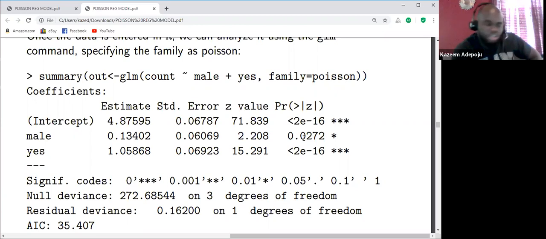Sorry, at 1% level of significance, the gender is not significant because the p-value 0.02 is greater than 0.01. But at 5% level of significance, 0.02 is less than 0.05, so it is significant.